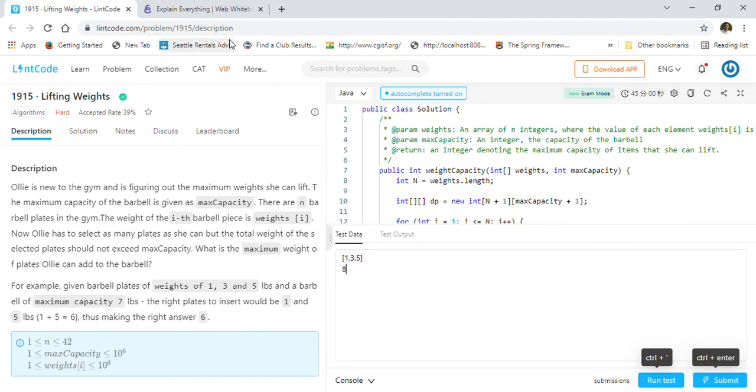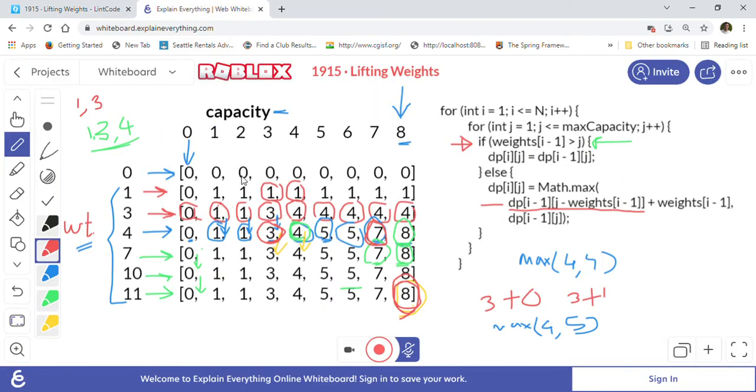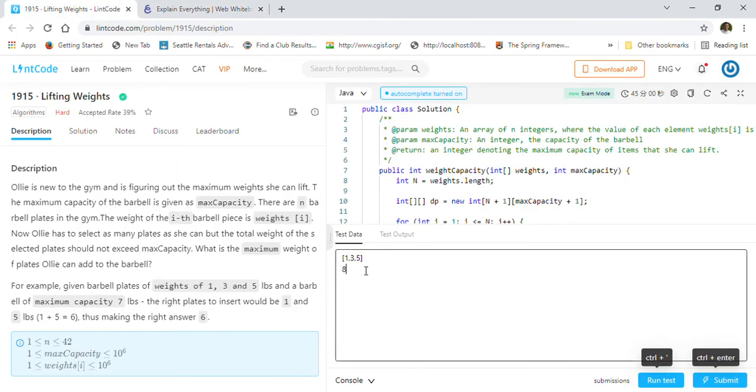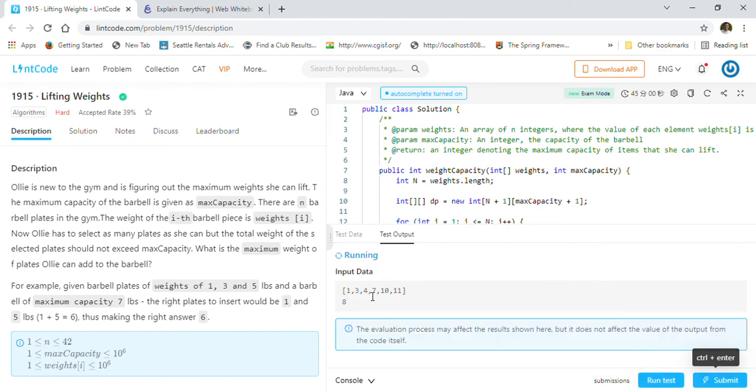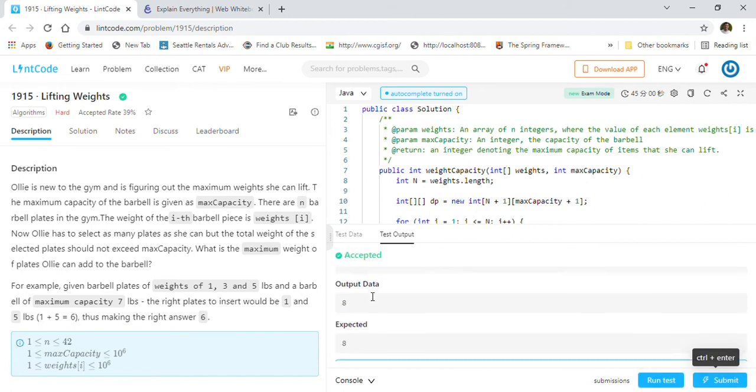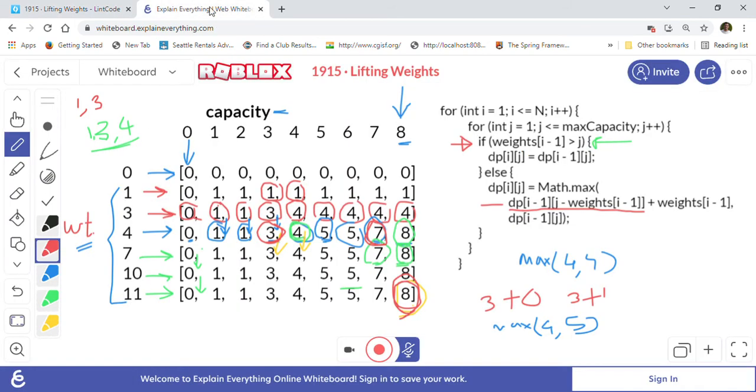We take 8 as the capacity, and the weights 1 3 4 7 10 and 11. 8 should be our answer in this case, and as you can see, we are getting the correct answer 8.